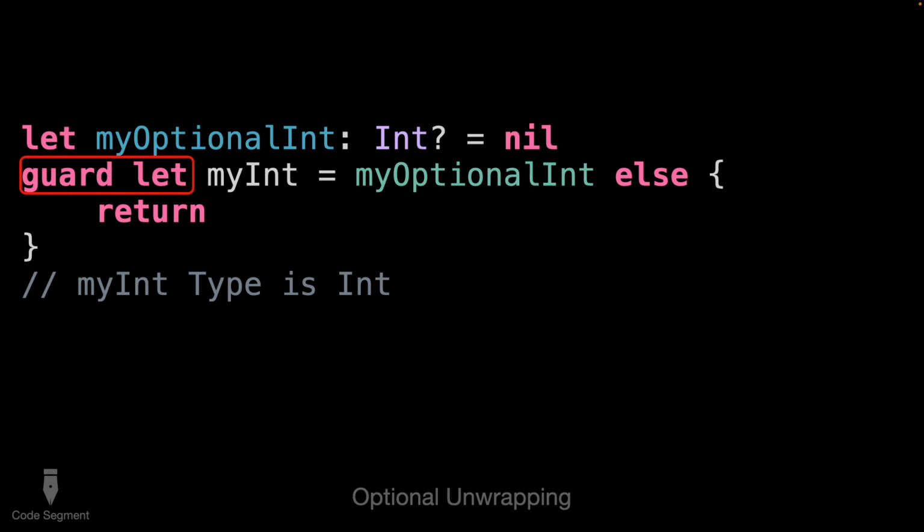It's basically saying, hey, if we can assign my optional int to my int, and it wasn't optional, and my int is now an int type and could never be nil, then outside of my scope we have created a constant out here, moving forward after that scope falls out, where my int's type is int, and we can refer to it and use it.